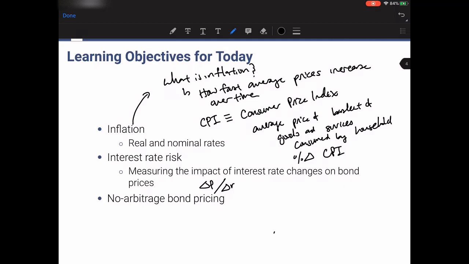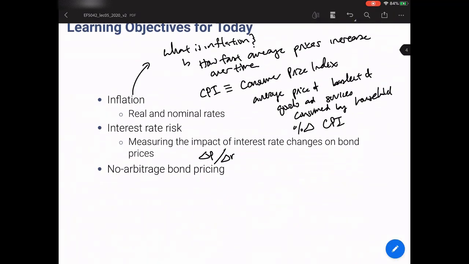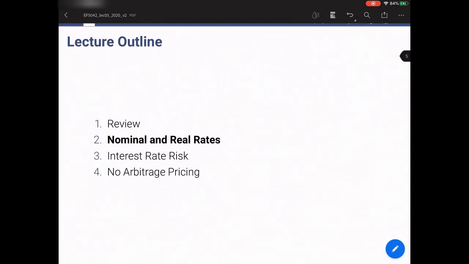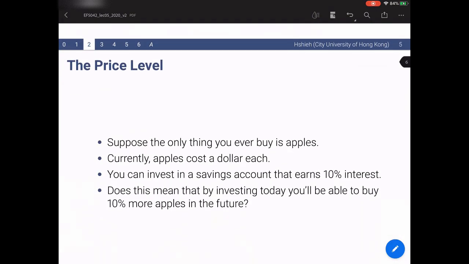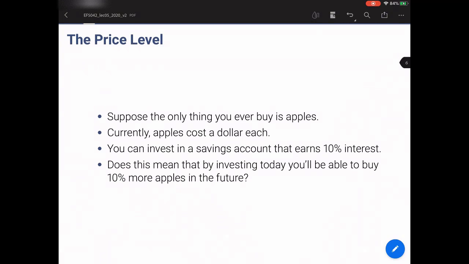So let's move on to our first item, which is nominal and real interest rates. I start our discussion on inflation and nominal and real interest rates with an example in which we only have one good in the entire economy: apples. Suppose there is only one thing anyone in the economy ever buys, and that's apples. Apples currently cost $1 each.